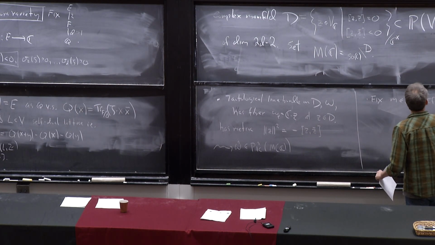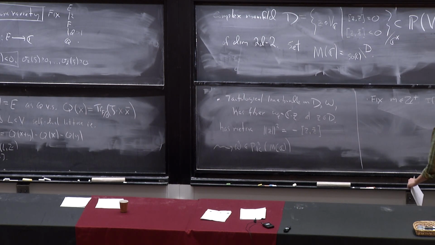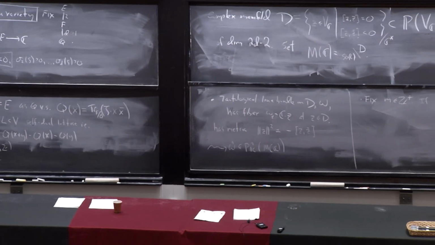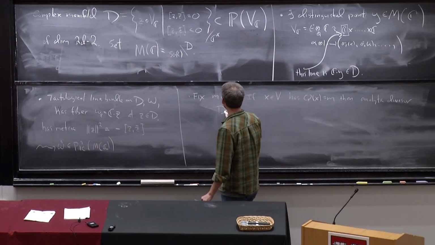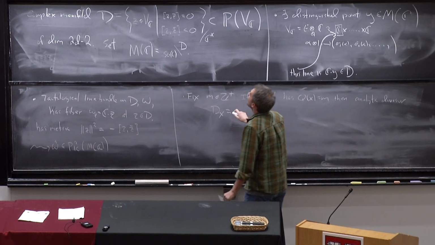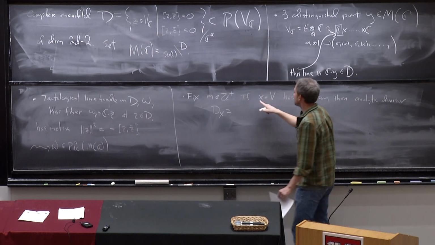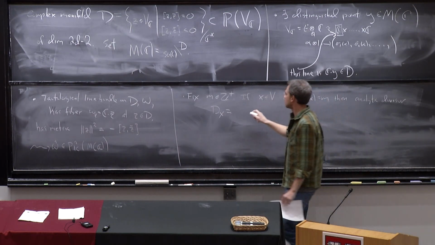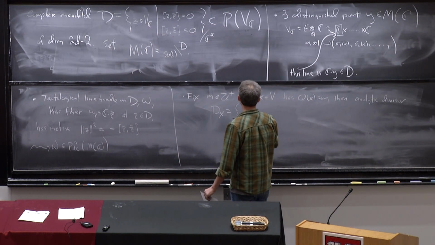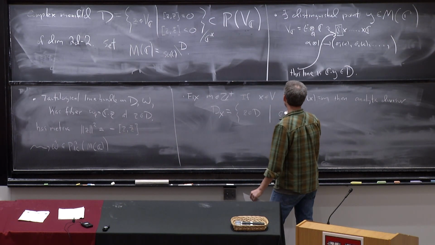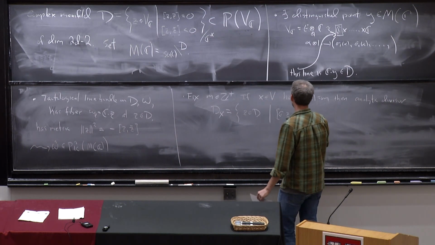If x is some vector in V with q of x equal to m, then I can define an analytic divisor dx on D. And it's just, I mean, D is a collection of lines in V. You just take all of those lines that are perpendicular to this fixed thing. The set of all z in D such that the line CZ is perpendicular to x.